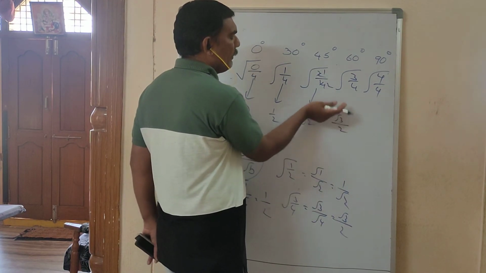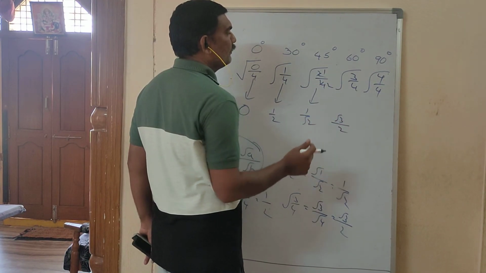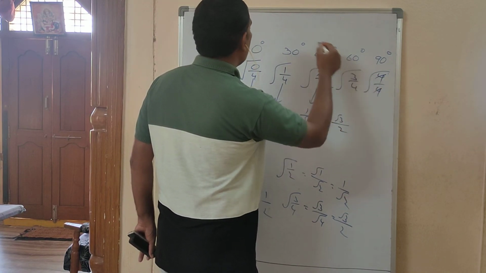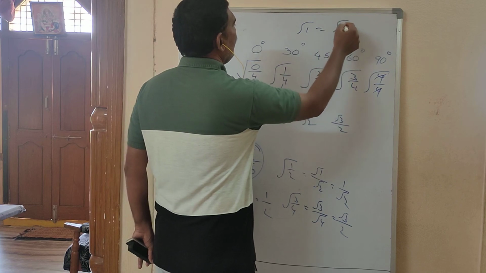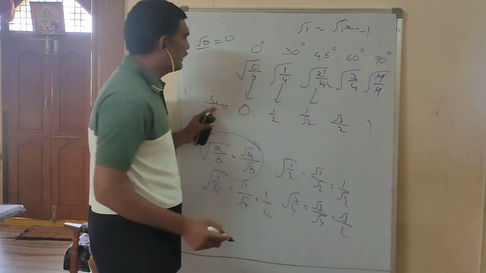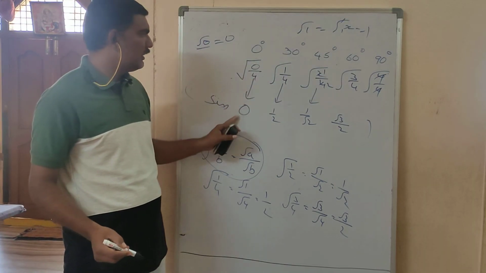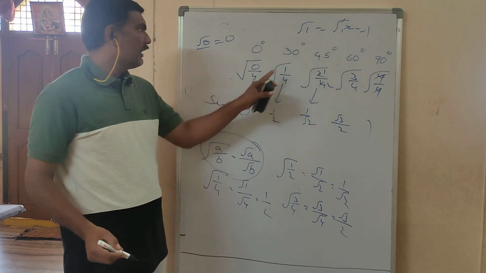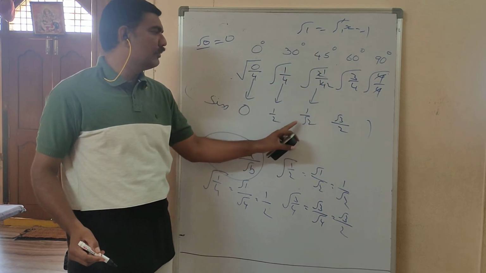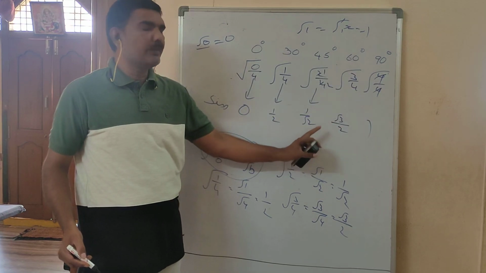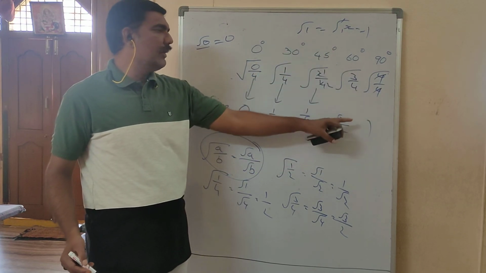Root 3 separately by 2. Now 4 and 4, can you cancel it or not? Root 1 you got. 1 can be written as 1 square, the square and root cancel, and 1. So sine 0 is 0. Sine 30 degrees value is 1 by 2. Sine 45 degrees value is 1 by root 2. Sine 60 degrees value is root 3 by 2. Sine 90 value is 1.